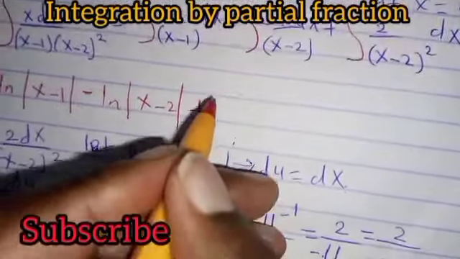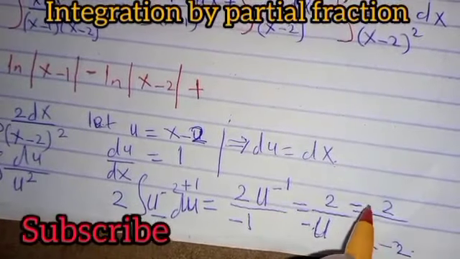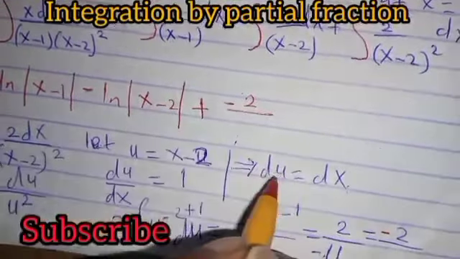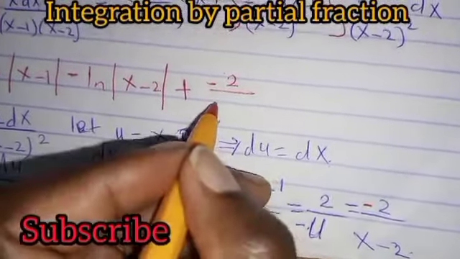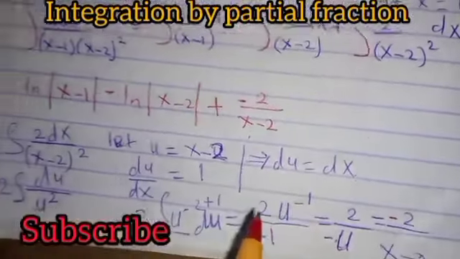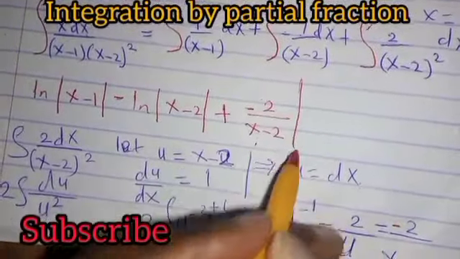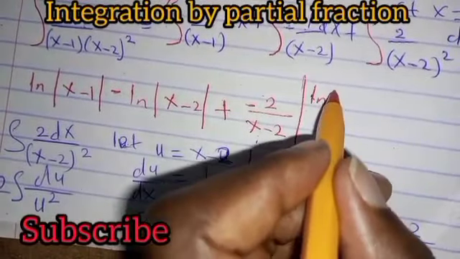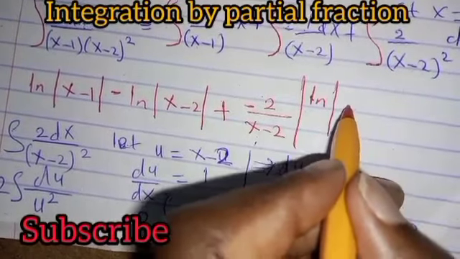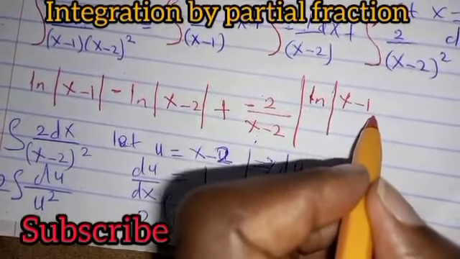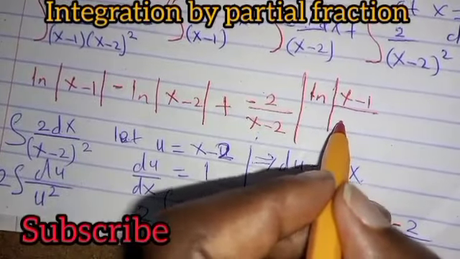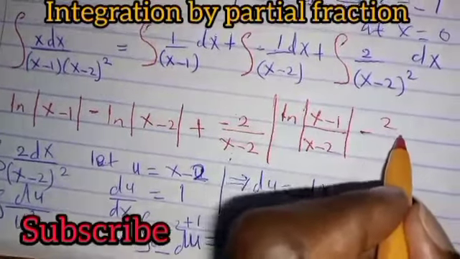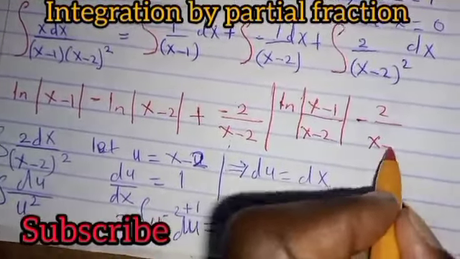Remember there is a negative here, we will have negative 2 into (x minus 2), which we can write as a result, combining these two: the natural logarithm of the modulus of x minus 1 divided by x minus 2, minus 2 divided by x minus 2.